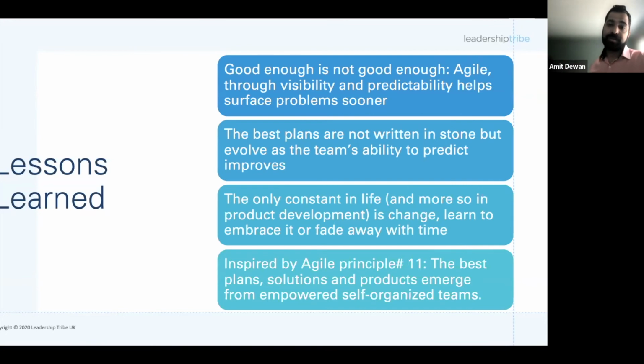That improving every day is not even optional. So that's important. Again, recognize that good enough is not good enough. Every day we're improving, and we're going to get better every day. Best plans are not written in stone, but evolve as a team's ability to predict improves. If it's a brand new team and you're asking a team to build a plan for 3 months, guess what?